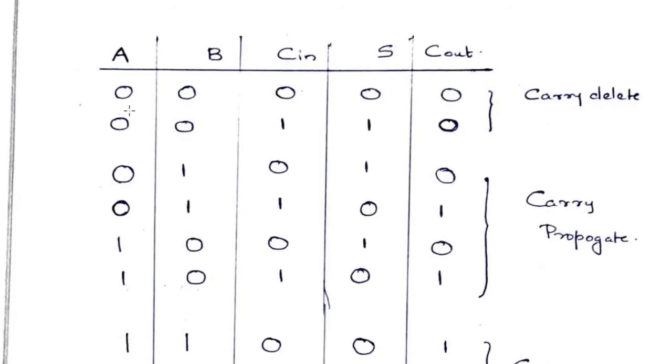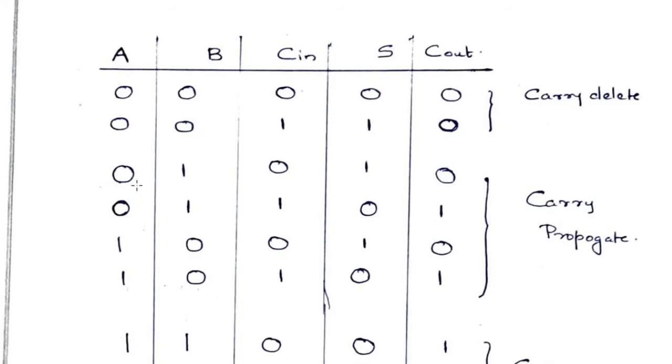When we have the inputs A and B as 0, 0, regardless of what the Cin is, either 0 or 1, the carry output Cout comes out as 0. So whatever the Cin is, if A and B are 0, the carry out will be 0.